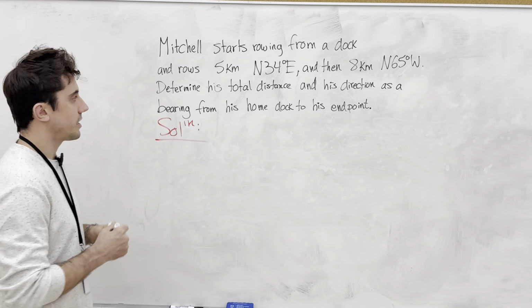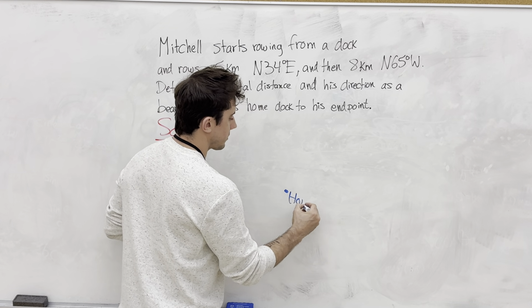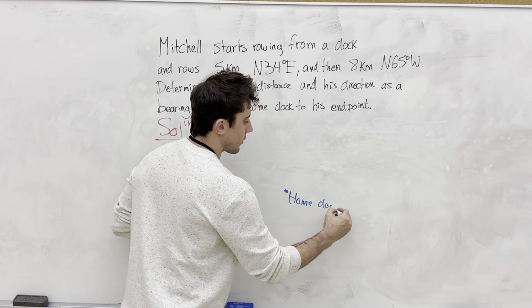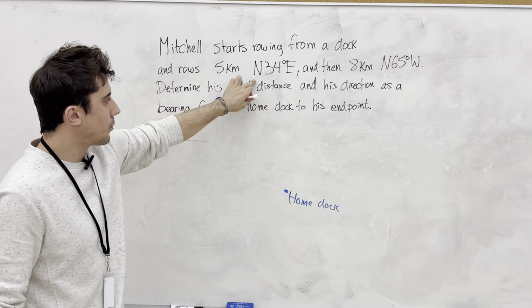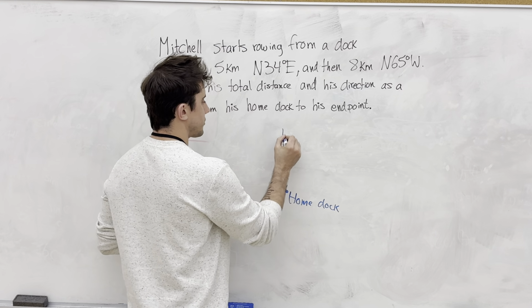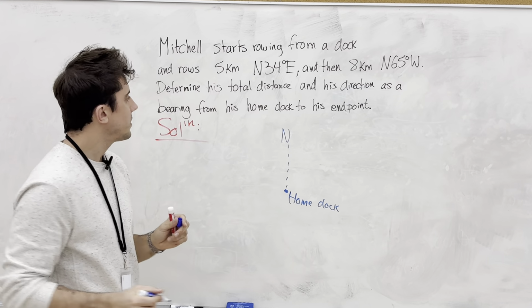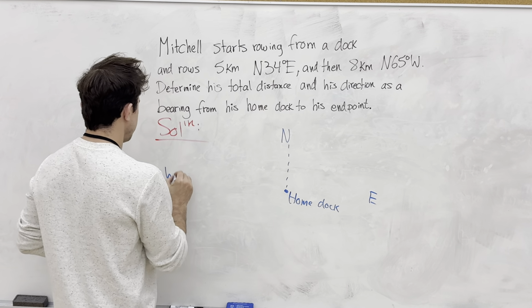So first off, let's draw a diagram. So if he starts, let's say here at his home dock, where he takes off, he's first gonna travel 5 kilometers north, 34 degrees east. Now, north is obviously straight upwards, east is over here, and west is over there.